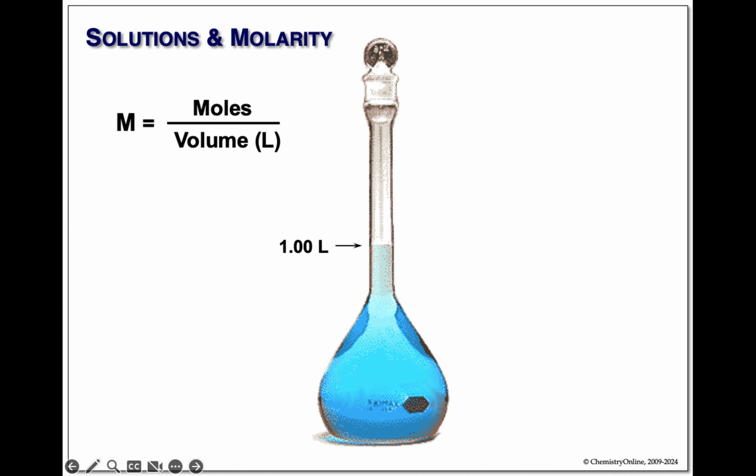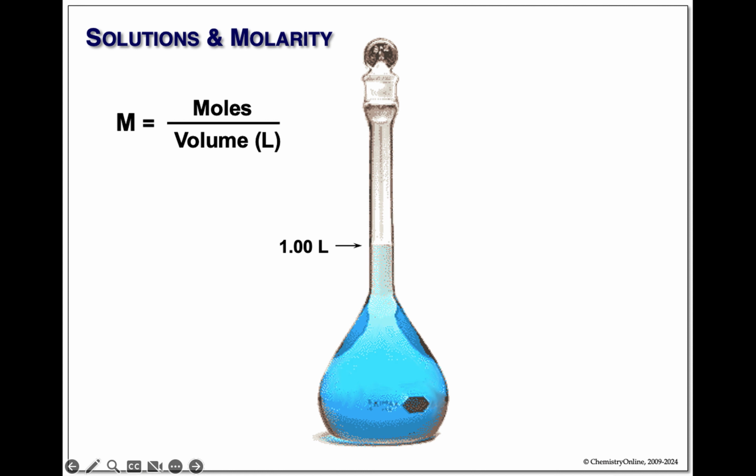Quite simply, this is a volumetric flask. A volumetric flask is an expensive piece of glassware because it has a little line etched in the skinny neck here, kind of like the volumetric pipette we used in lab. When you fill the flask exactly up to that line, it contains 1.00 liters.